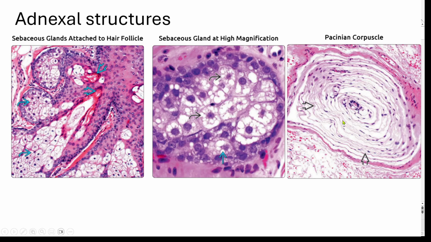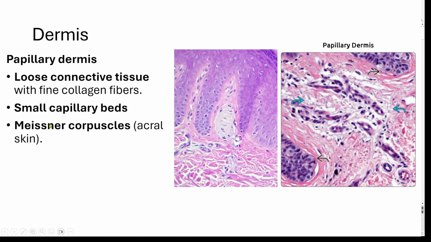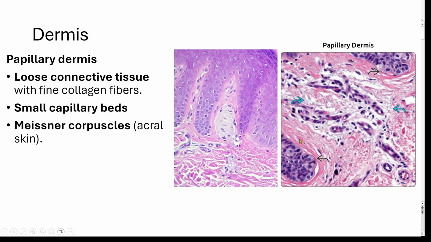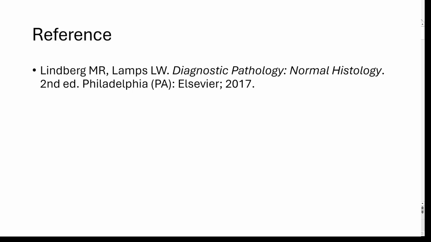And in the reticular dermis, we have a special structure similar to the, what do we call it? The Meissner corpuscle. This is the Pacinian corpuscle, and this one is more related to touch sensation. Of course, it's full of nerve cells, and it has a very similar look to the Meissner corpuscle. At least that's what I see.